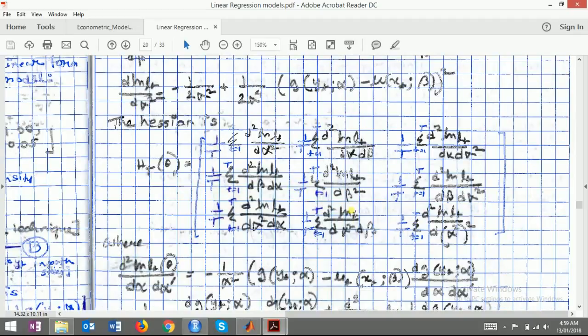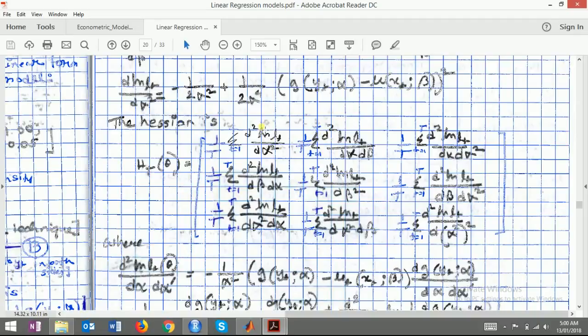The Hessian becomes, well, mean in all cases, then d square log LT by d sigma square, d square log LT, d sigma square is multiplied. Here it is actually d by d alpha of log LT multiplied to d by d alpha of log LT, d by d alpha of log LT multiplied to d by d beta of log LT, so d square log LT, this portion d by d alpha of log LT multiplied to d by d sigma of log LT.